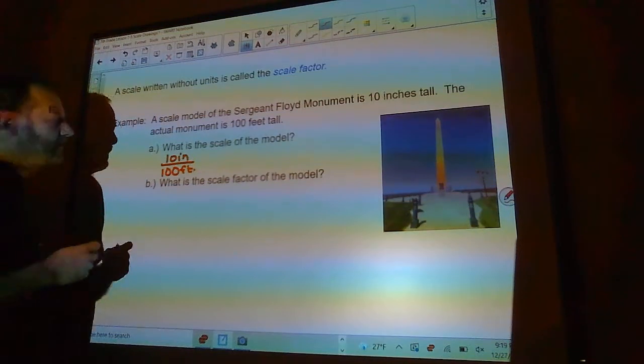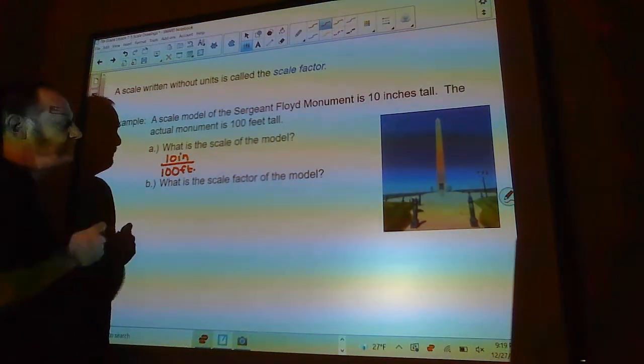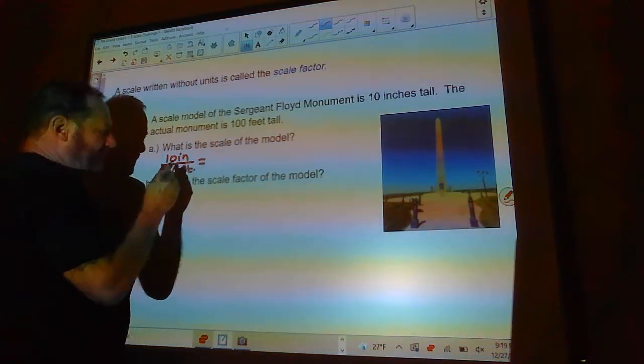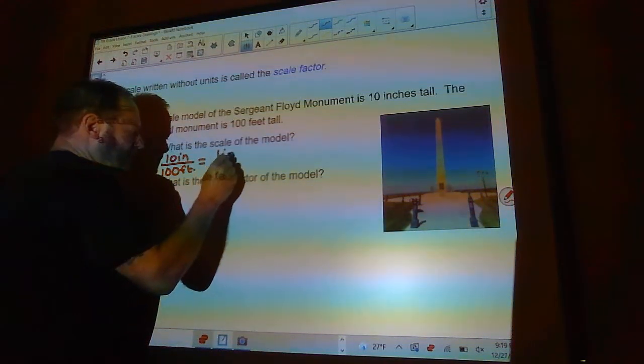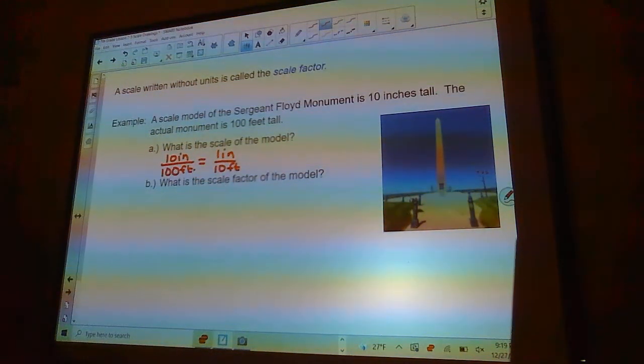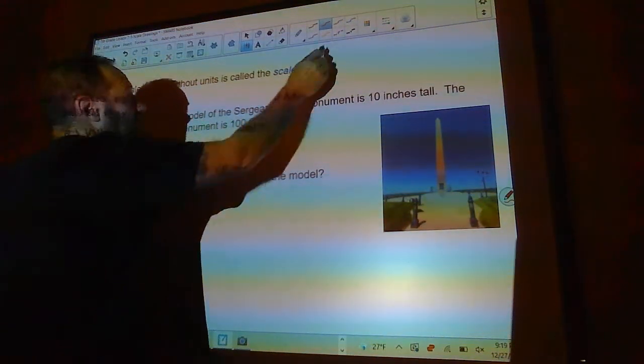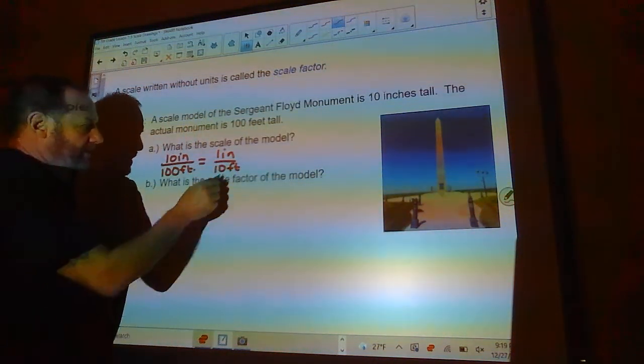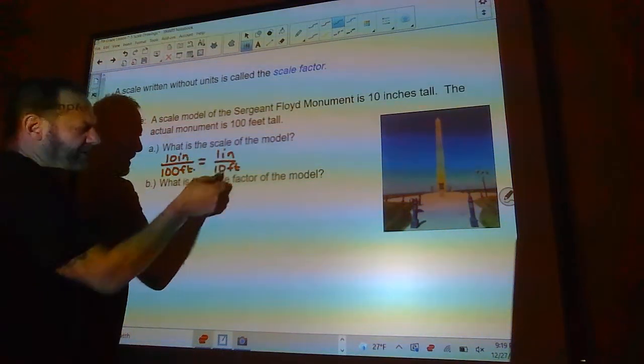Now I can reduce that. This is 1 inch to 10 feet. And so there's my scale. Okay, now what is the scale factor? Well, with the scale factor, I need to have the units be the same units. So I can convert either one.